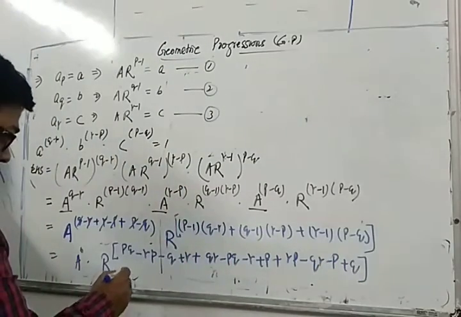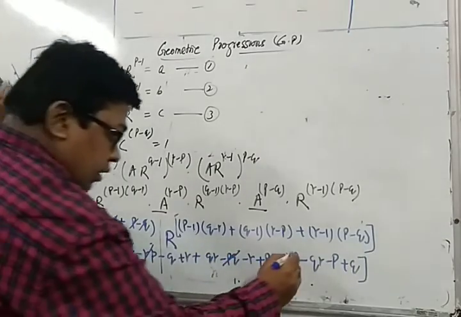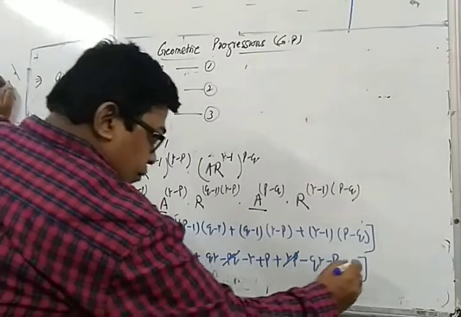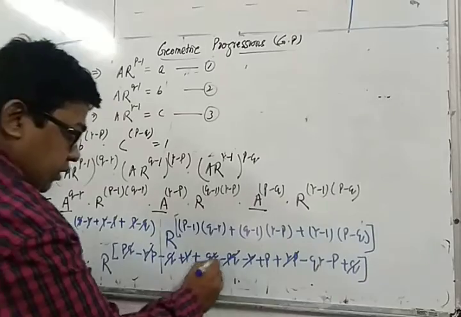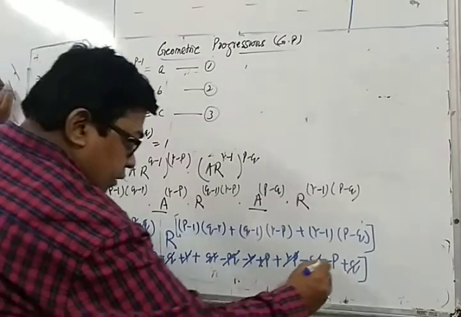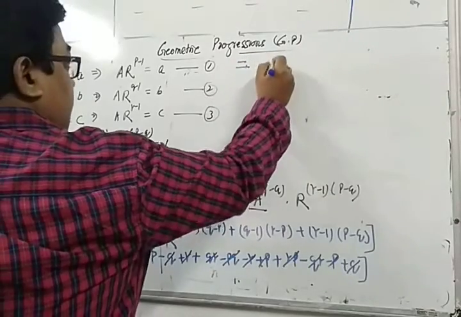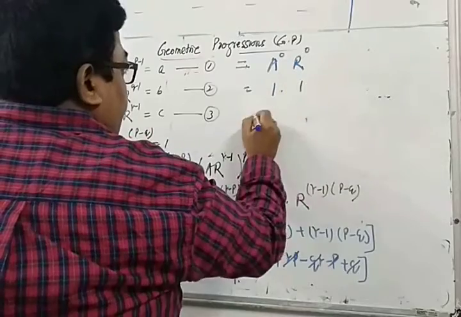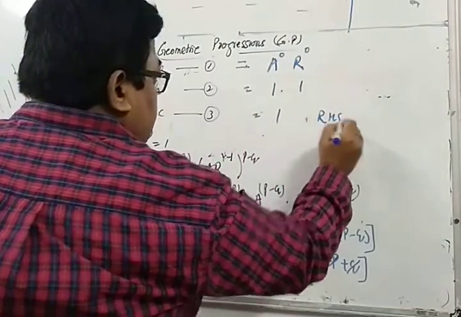So here we can see plus pq minus pq, minus rp plus rp, minus q plus q, plus r minus r, plus qr minus qr, plus p minus p. Similarly, a to the power 0 and r to the power 0, that is 1 into 1, finally 1, that is your required RHS. That is good.